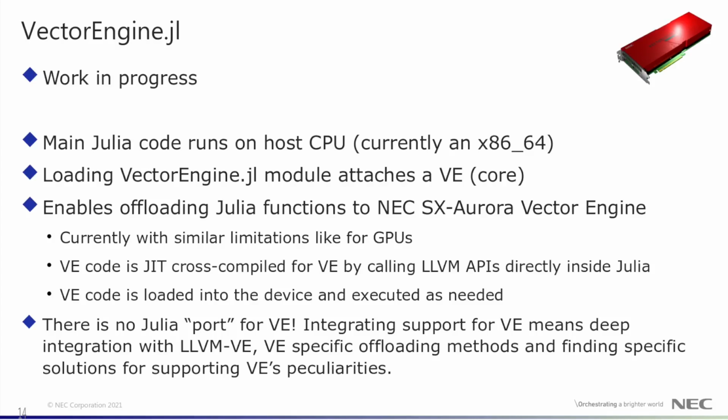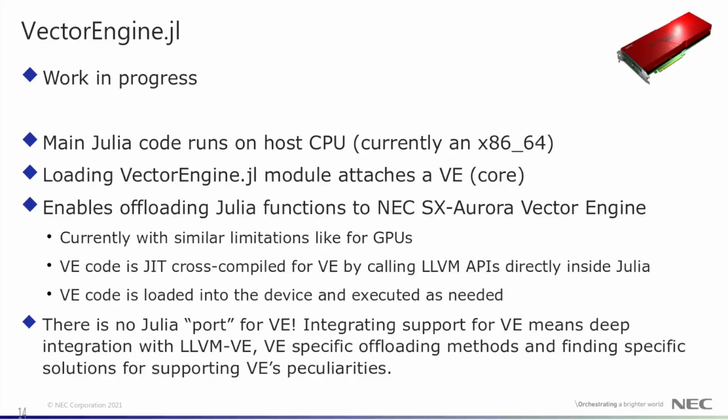It enables offloading Julia functions, currently with similar limitations as for GPUs. Vector engine code is just-in-time cross-compiled for the vector engine by calling LLVM-VE APIs directly inside Julia. Vector engine code is loaded into the device and executed as needed.